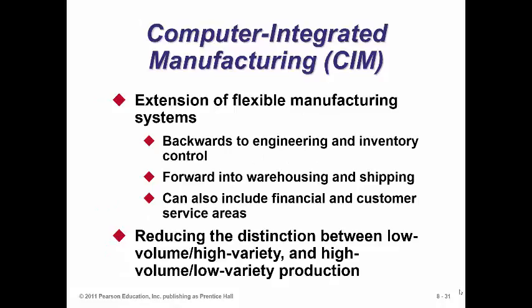Computer integrated manufacturing, same. It reduces the distinction between low volume and high variety. So the thing about mass customization and computer integrated manufacturing is that it can produce one-off, totally custom items cheaply. That is a huge development.